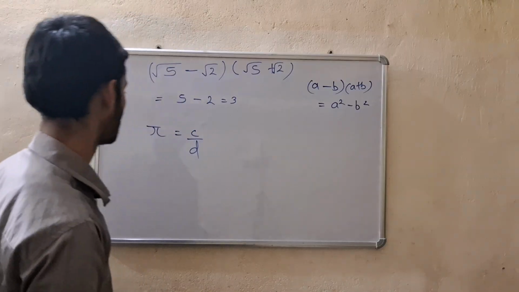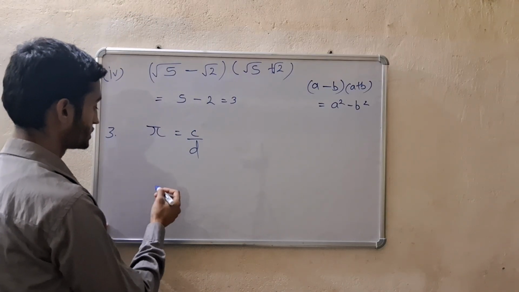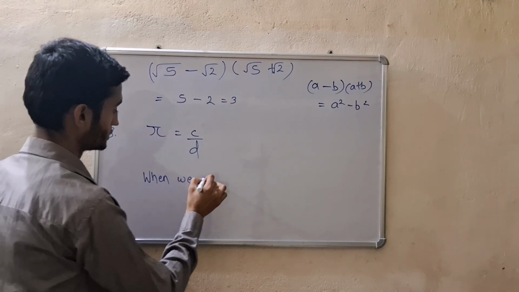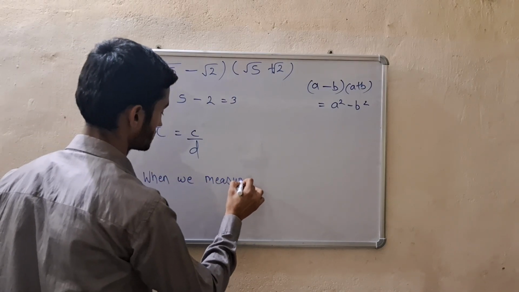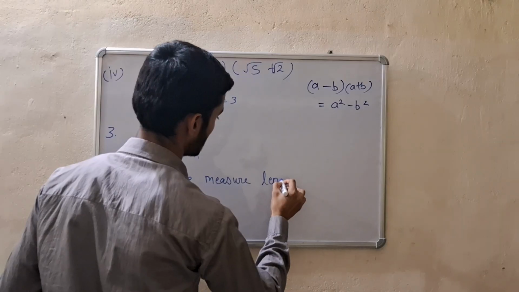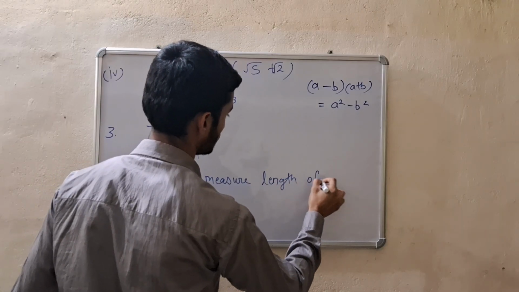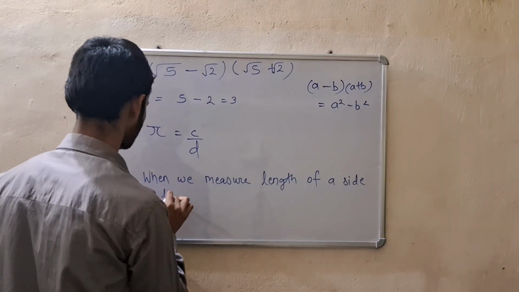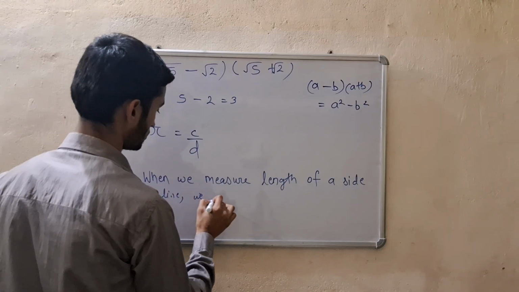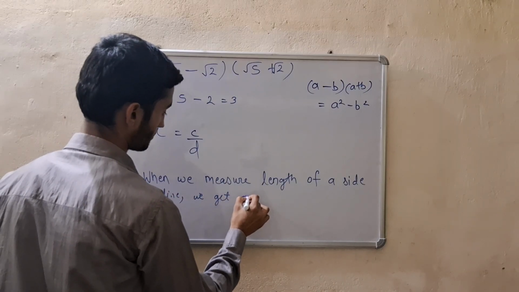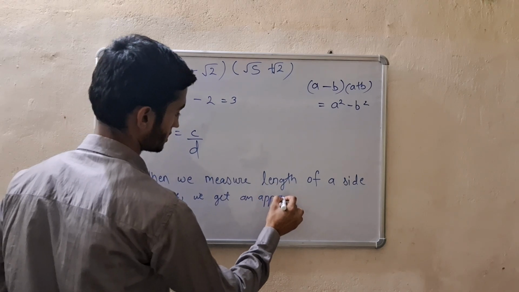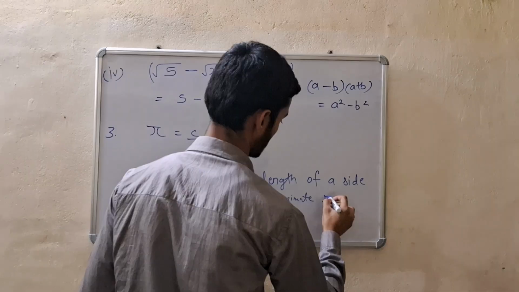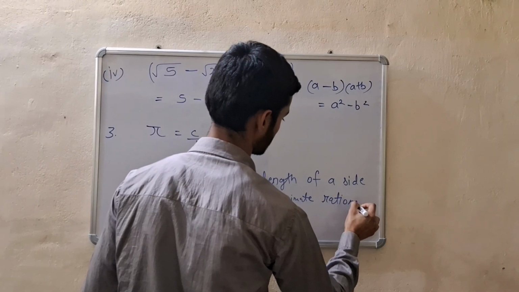practicality, what happens is that when we measure a length of a side or line, we get an approximate value, or an approximate rational number, right?